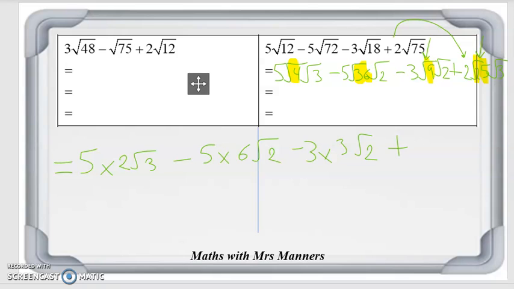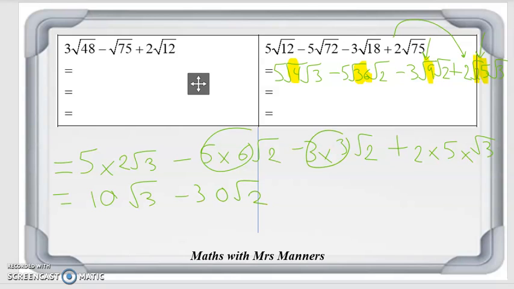And the root 25 over here is going to turn into a 5. And we're going to multiply. So we've got 10 root 2, 30 root 2, minus 9 root 2, plus 10 root 3.